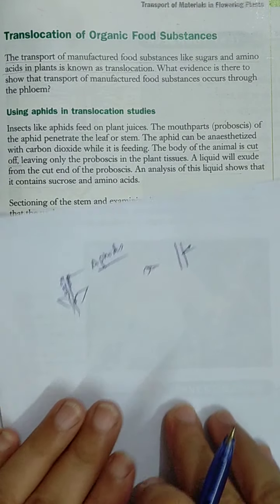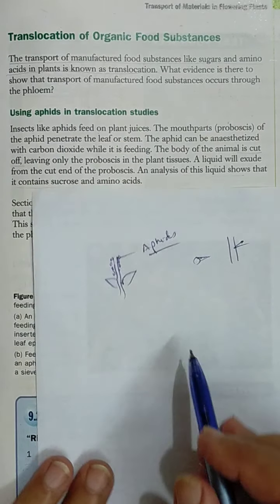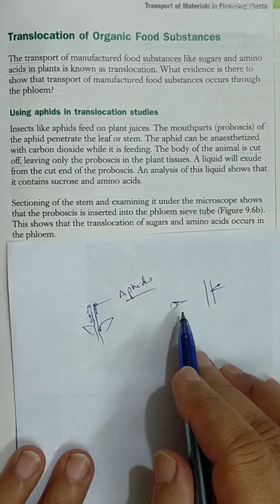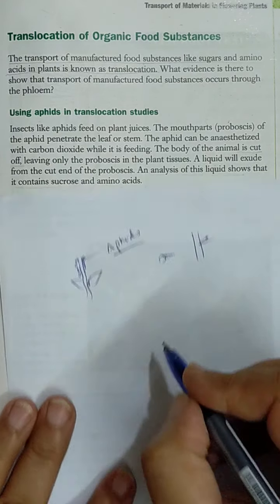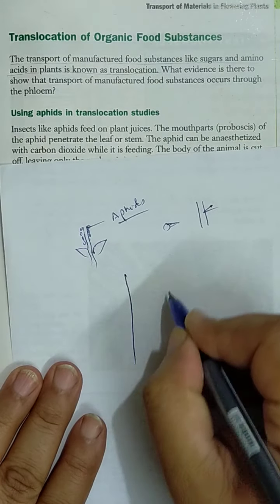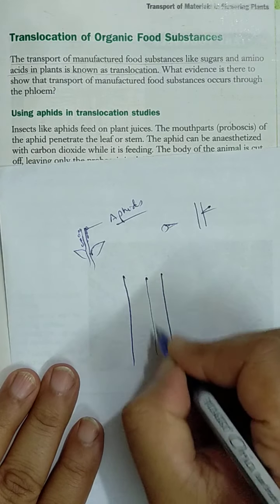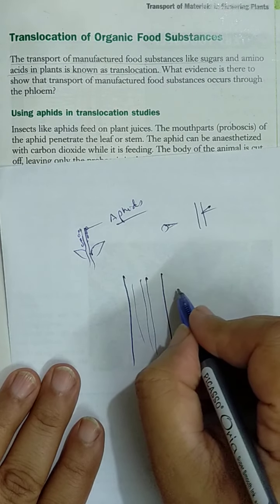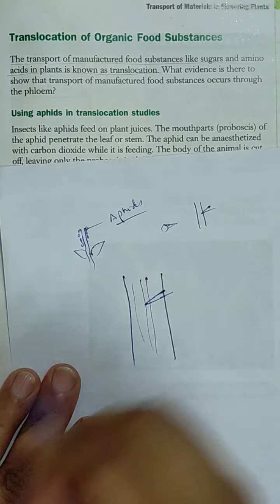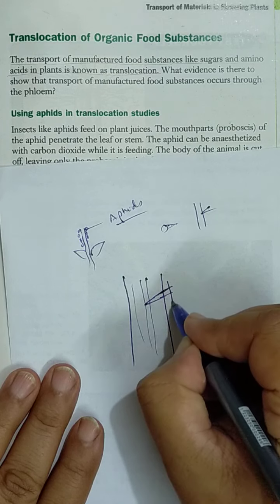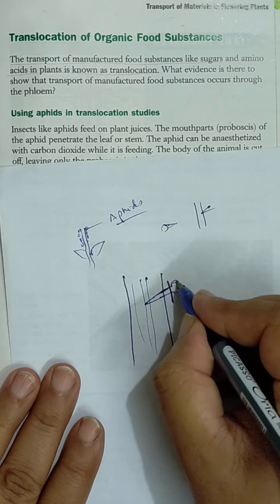Okay, so here by experiment they have shown that they have taken aphids, given that organism anesthesia, and then what did they do? When it was taking food from the plant and had inserted its proboscis in the plant, they cut the organism from that area.